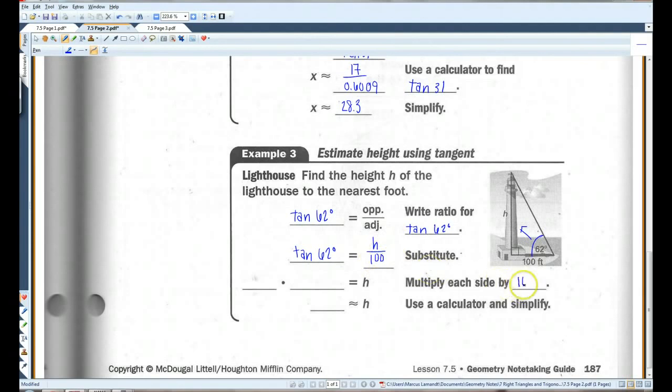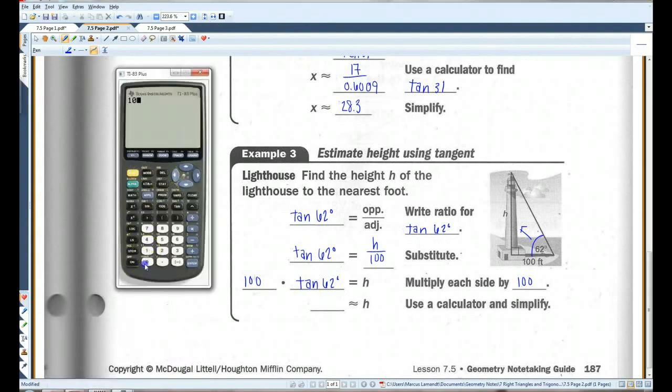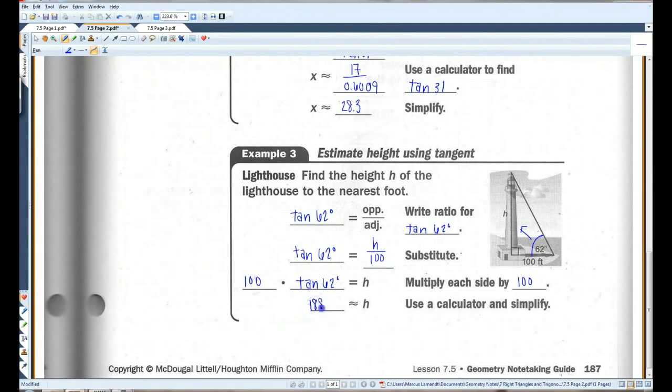I'm going to multiply each side by 100. So now I have 100 times tangent of 62 degrees, 188.07. I'll say 188.1. Not degrees, sorry. And this would be in feet.